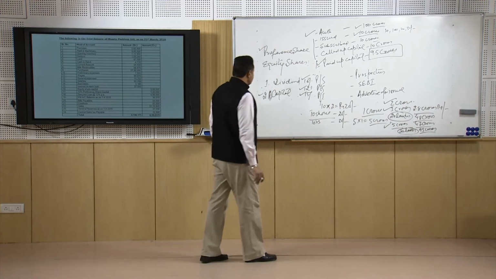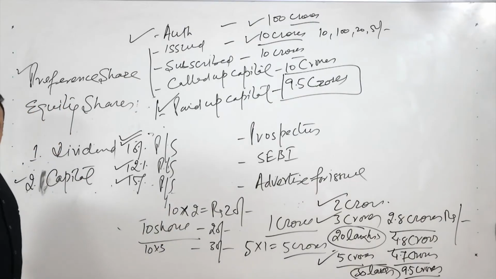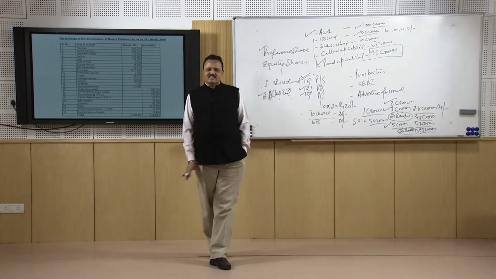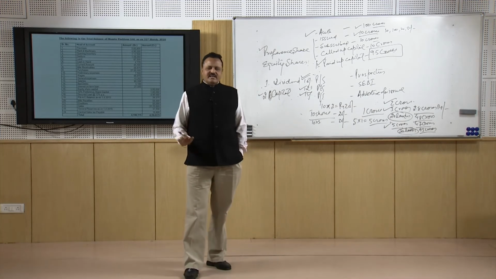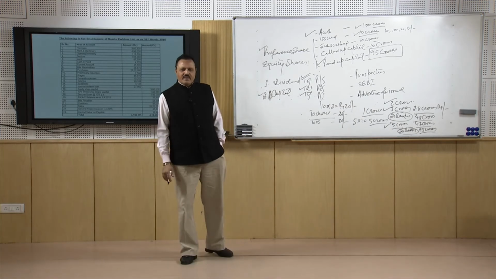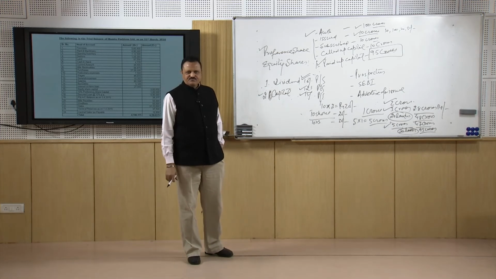What are the disadvantages? Number one, the rate of dividend is fixed, whereas it is not the case with the equity shareholders. If there is a high amount of profit, then the equity shareholders may sometimes get 50% dividend also.